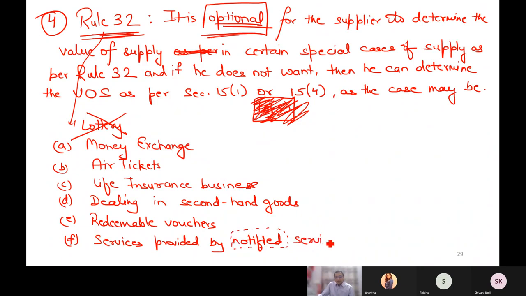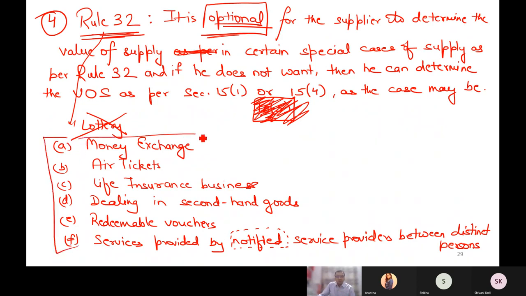Notified service providers between distinct persons. These 6 services are there in rule 32.